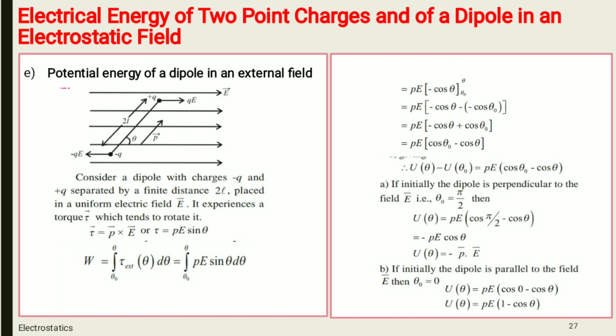So if the external torque is neutralizing, the magnitude of the torque produced by applying the external electric field and the one we applied will be the same, that is p E sin theta d theta. After solving this integration, what we have got is p E into bracket cos theta 0 minus cos theta, which is the work done.